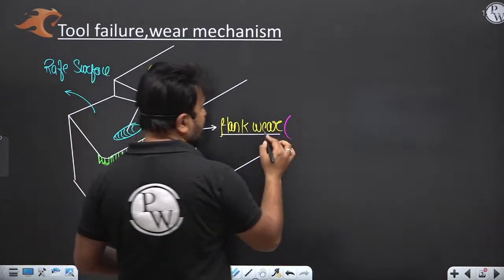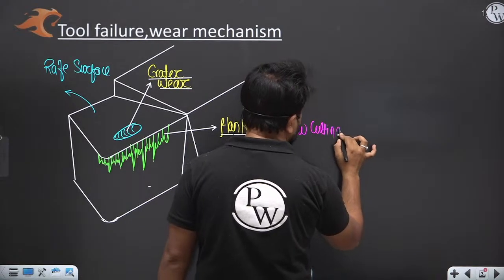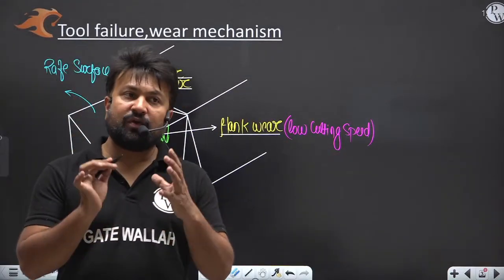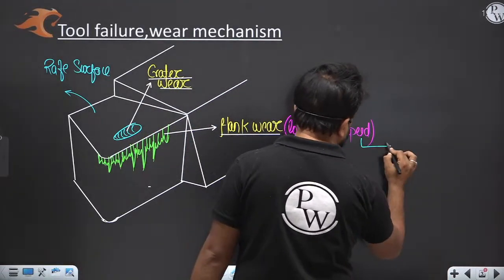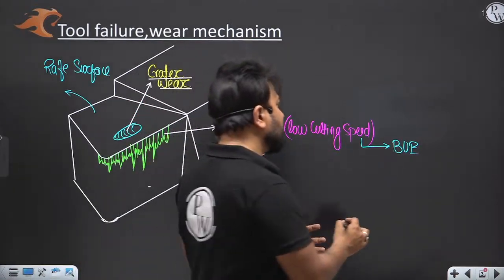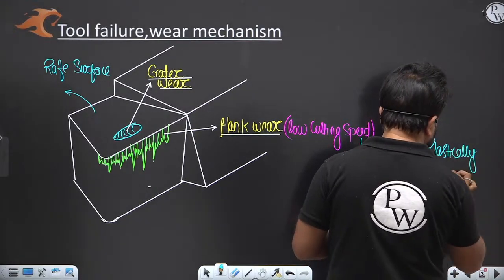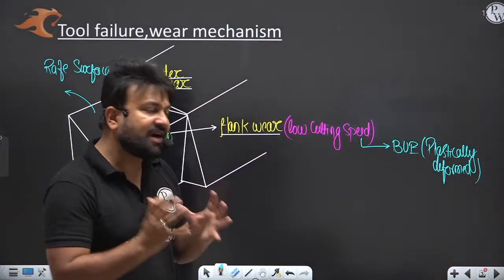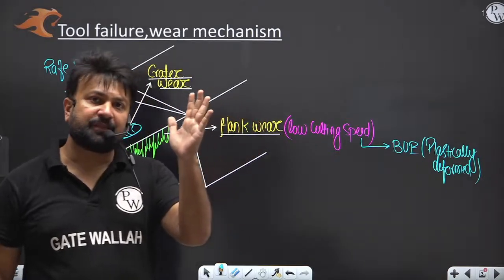Flank wear happens whenever the cutting velocity is slow. At low cutting speed, built up edge formation will happen, and built up edge is plastically deformed material, which is harder. When this plastically deformed material is on the flank, it causes scratches.